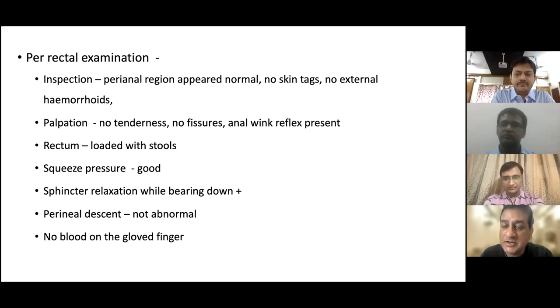The straining is important; it means there is some problem in anorectal physiology. And the longer the stool stays in the rectum, the drier it becomes, and drier stool is difficult to pass. So these point towards pelvic floor dyssynergia in this individual.